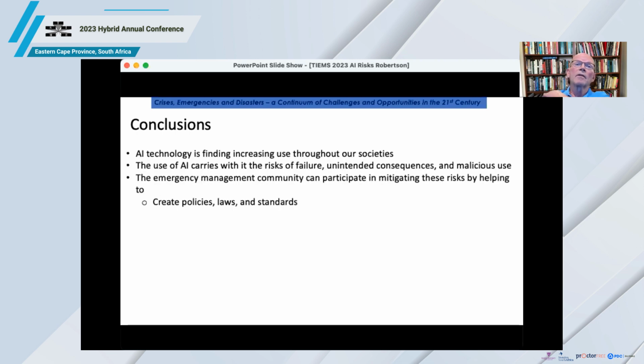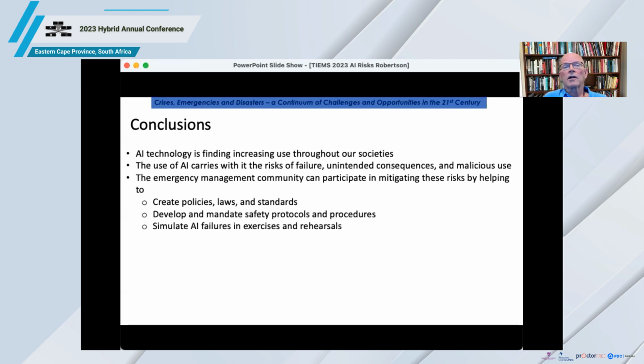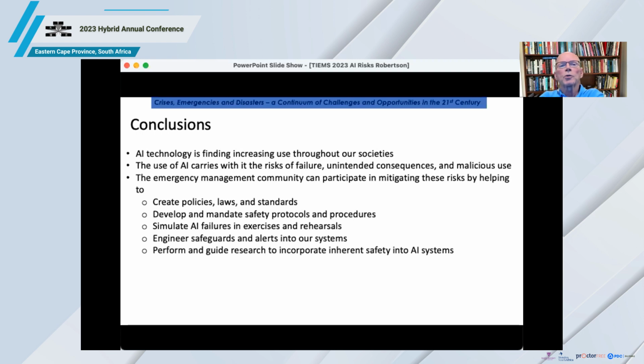So what we can do as an emergency management community is help create policy, laws, and standards, develop and mandate safety protocols and procedures, and simulate AI failures in exercises and rehearsals. Be aware of what this technology might do, and engineer safeguards and alerts into our systems, and to the extent we can, participate and maybe even adopt as a research agenda trying to create inherently safe AI systems.